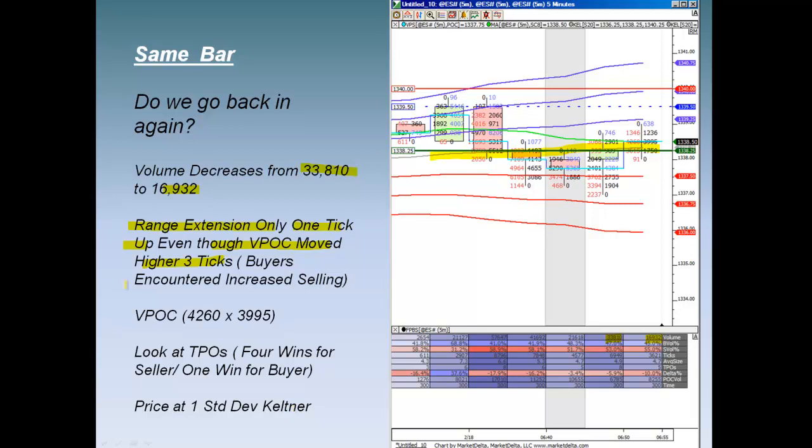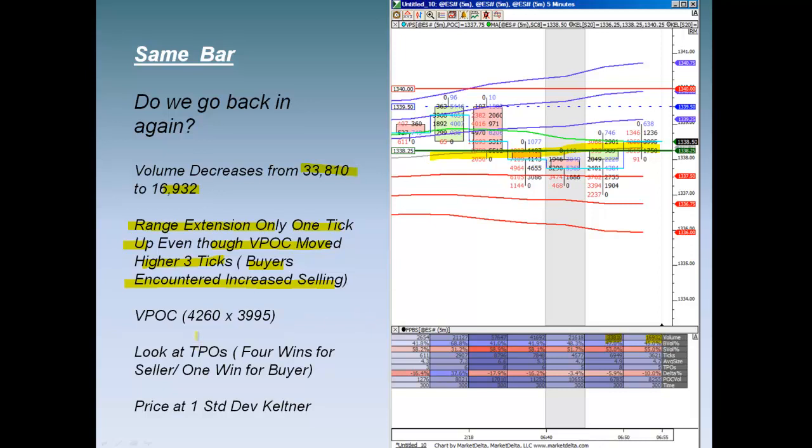This tells me the buyers have really encountered increased selling here. It's a very important observation. Your volume POC is moving up, yet we're not able to push prices any more than 1 tick up with the range. So obviously I am really meeting some sellers here.